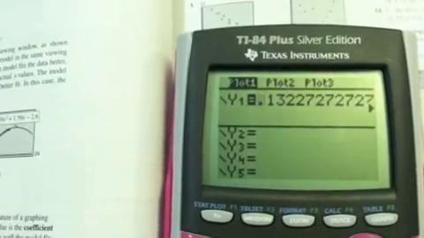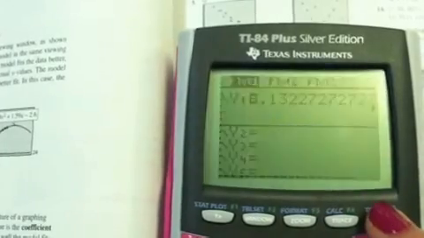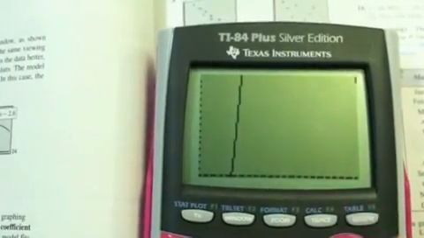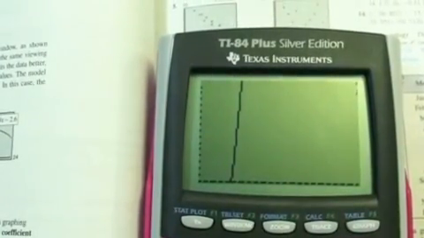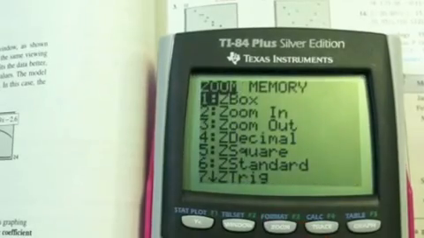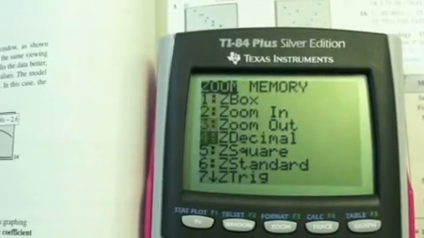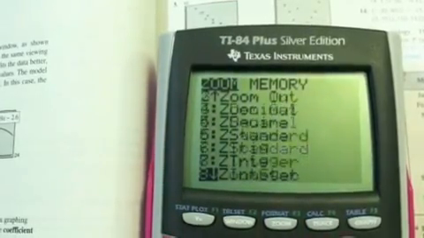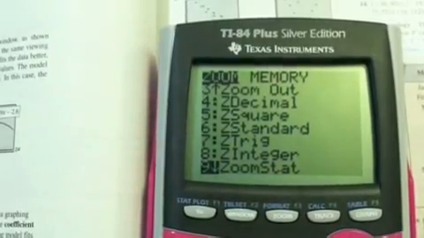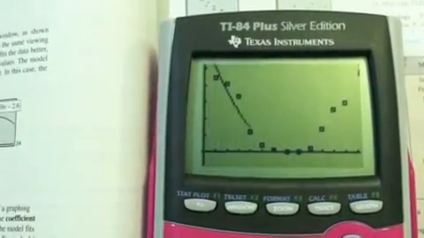Remember when we did that? So go ahead and clear that out. Now I'm going to go back to my graph. There's nothing there, it looks like a weird line. So I need to go to zoom and head down to zoom stat, or just hit 9 and enter. Okay, there we go.